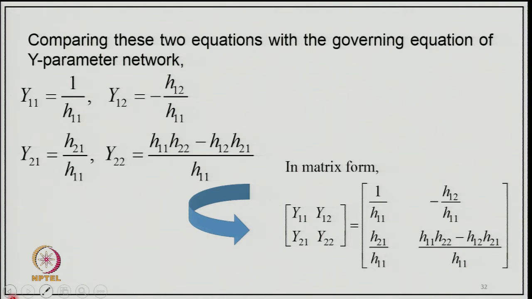In matrix form, the y matrix in terms of hybrid parameters is y11, y12, y21, y22 equals 1/H11, -H12/H11, H21/H11, and the final element (H11 H22 - H12 H21)/H11.